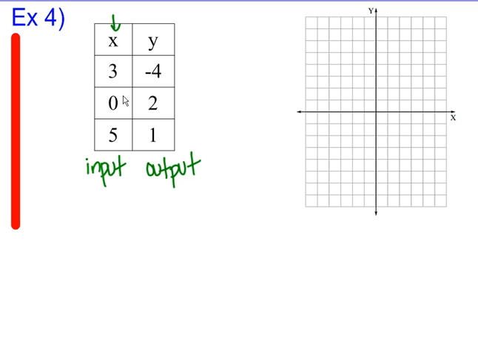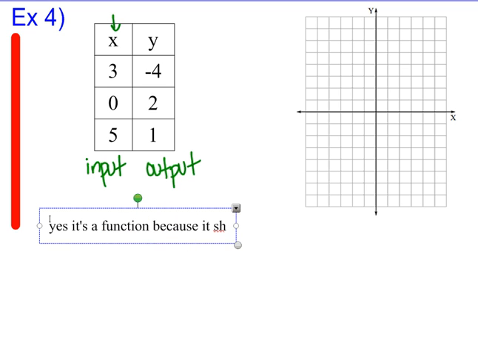Now, with that knowledge, we can look at these numbers: 3, negative 4; 0, 2; 5, 1. We can see that it is a function because it shows a one-to-one relationship.